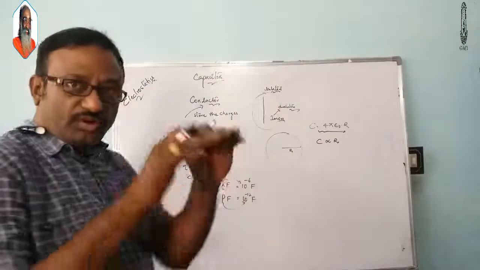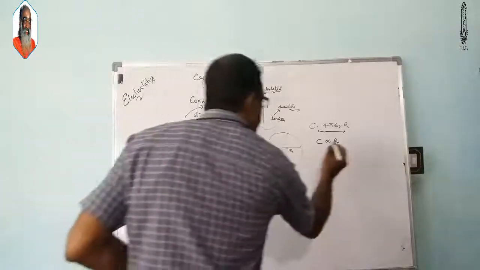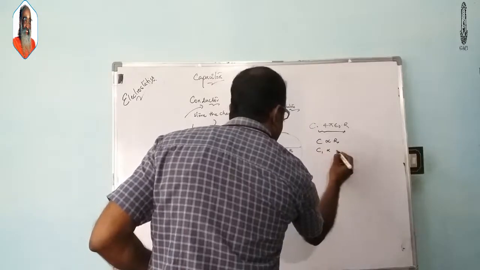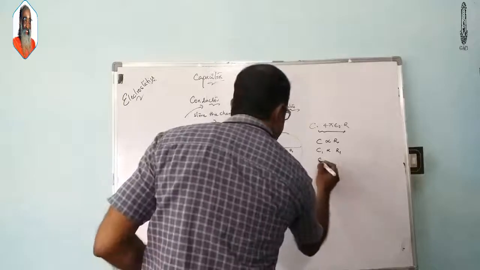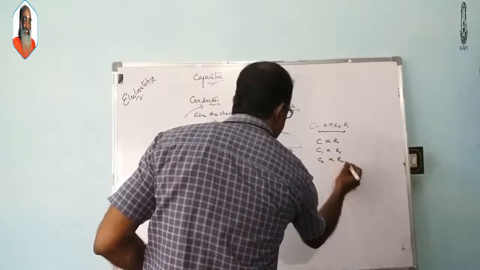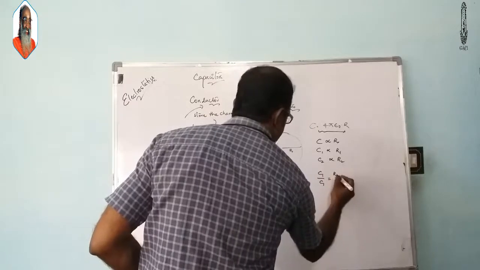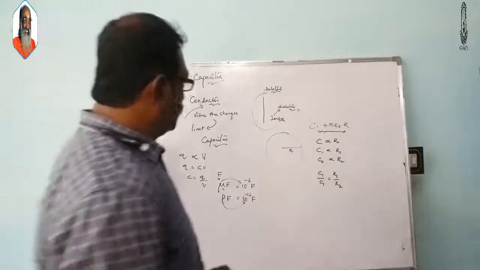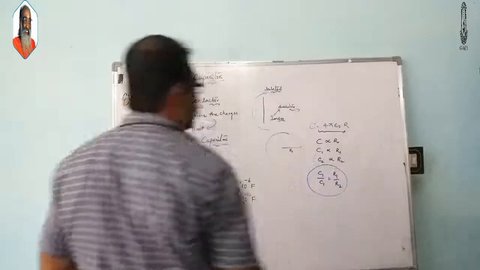That means it depends upon the size of the conductor. So C1 is proportional to R1 if it is of different radius, and C2 proportional to R2. And so we can draw the expression C1 by C2 is equal to R1 by R2.